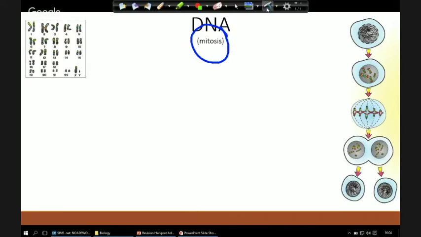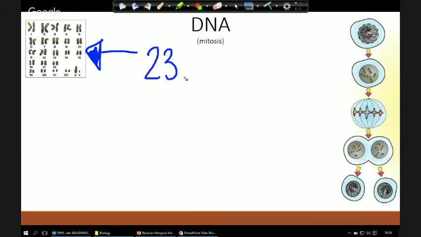So when we're looking at DNA replication, we might be drawn to something like this. And these are the 23 pairs of human chromosomes, of which there are 46 individual chromosomes. And you'll notice the 23rd pair is the XY. And we'll talk about that later on. But these essentially are our sex chromosomes.